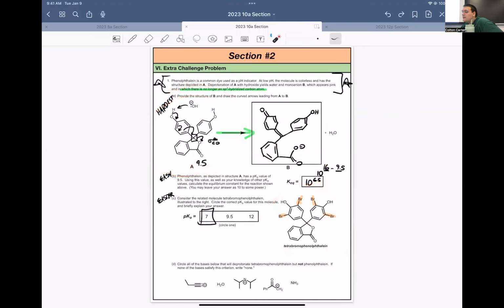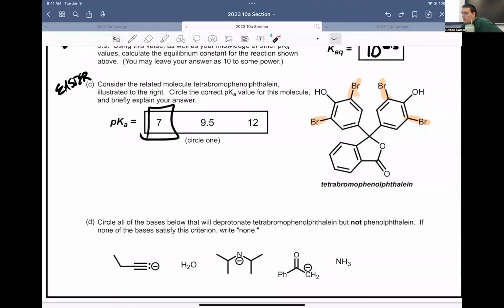To do this, we need to think about the pKa's. If it will deprotonate tetrabromophthalein, we're going to need 10 to the something minus something for the Keq. We want this whole thing to be greater than 1 to be product favored, to say it will deprotonate.